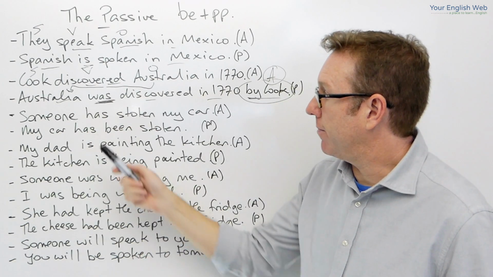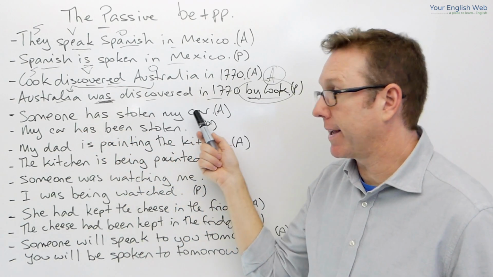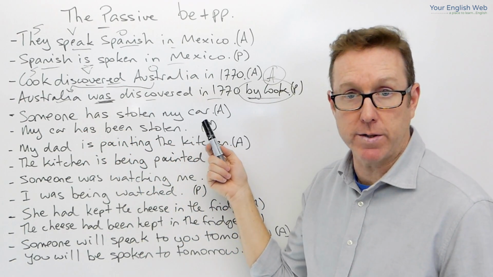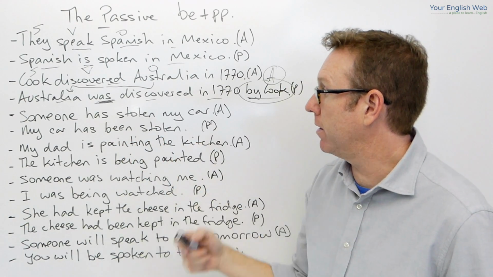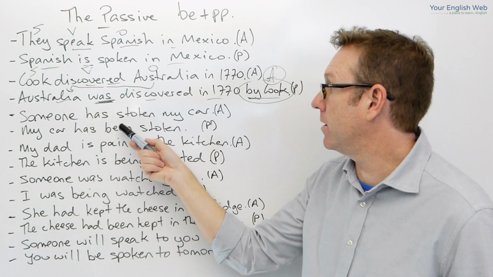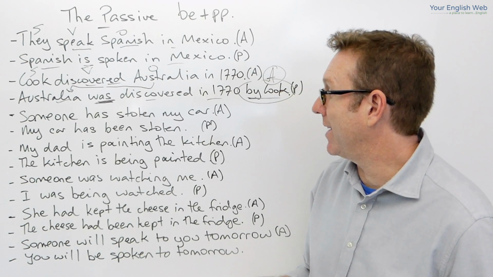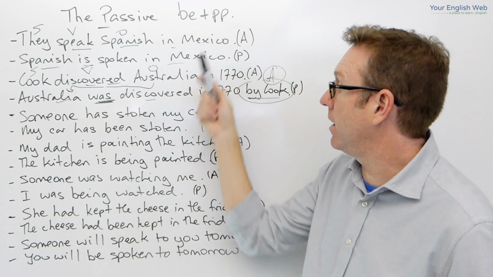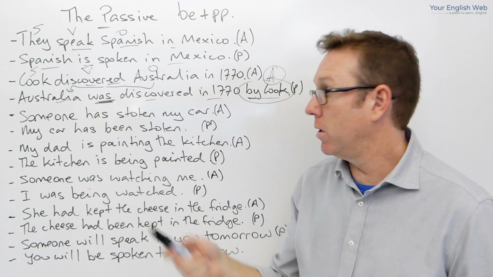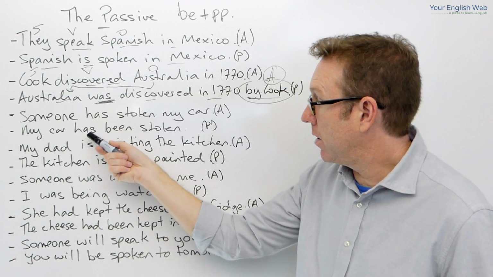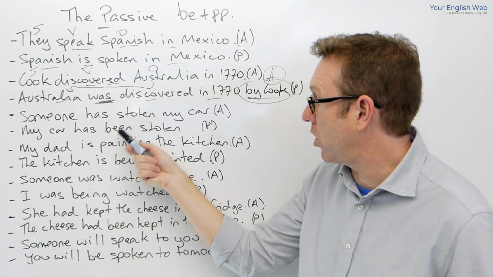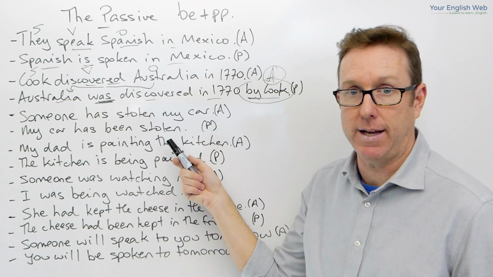This example here, someone has stolen my car, active, present perfect, has stolen. My car has been stolen, okay? Has been stolen. So be plus past participle, still maintaining the present perfect structure, has stolen, has been stolen here.